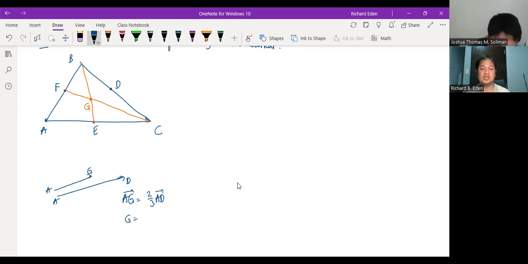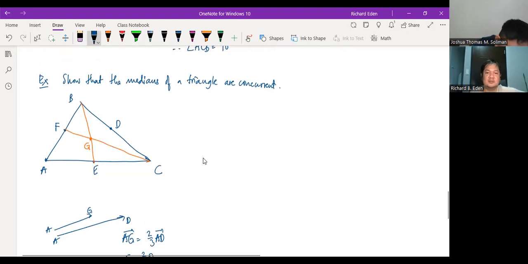So we're going to show that G is 2/3 of D because we're going to take A to be the origin. Okay, take A to be the origin, and then refer to the figure on the left.